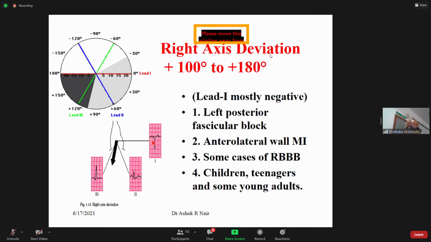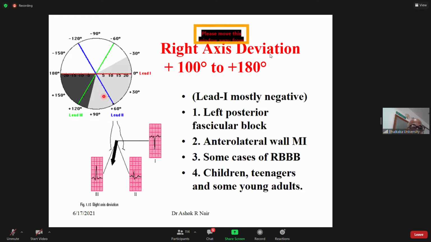Here in right axis deviation, lead 1 is negative, and to keep lead 1 and lead 3 together, they are like reaching each other. So reaching is right, that is the way lead, this is lead 1, draw a perpendicular to this. So you have a positive half and negative half.